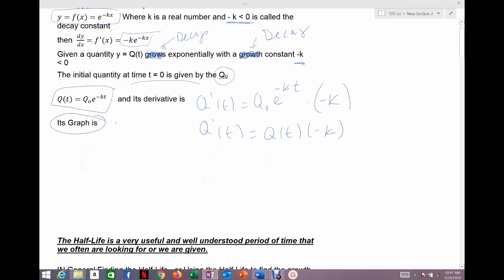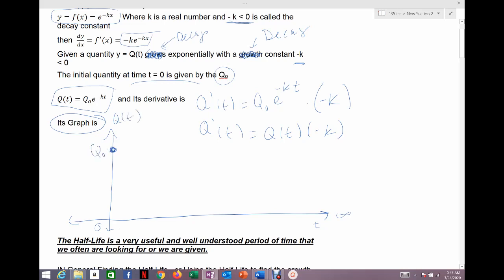To graph this, just understand the behavior of this. It's not growing indefinitely, it's declining. Time technically is going off to infinity. We do start at 0. The initial amount is where we start, so this would be my quantity, and my initial amount would be my big value.